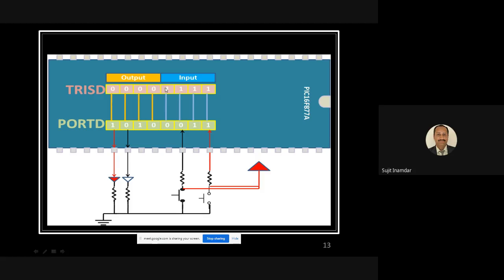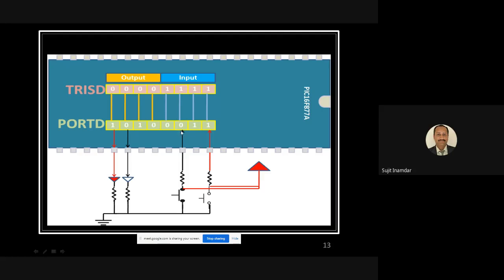That is, the first 4 bits are configured as output and the next 4 bits are configured as input. हे झालं डायरेक्शनचं इनपुट आउटपुट. मग आता त्यात डेटा काय ठेवायचा आहे, so it is decided by this. PORTD is equal to 1010 0011. Got it?